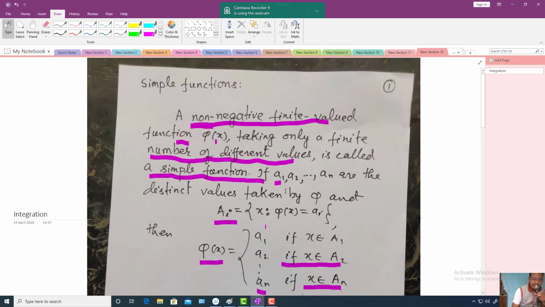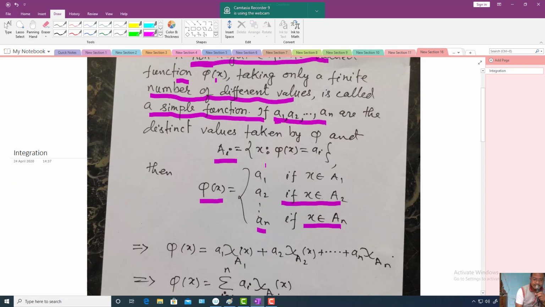A simple function is like that: a non-negative finite valued function phi x taking only a finite number of different values is called a simple function. The finite values the function takes are a1, a2 up to an, distinct values taken by phi. Then you write capital Ai equal to the set of x such that phi x is equal to ai.